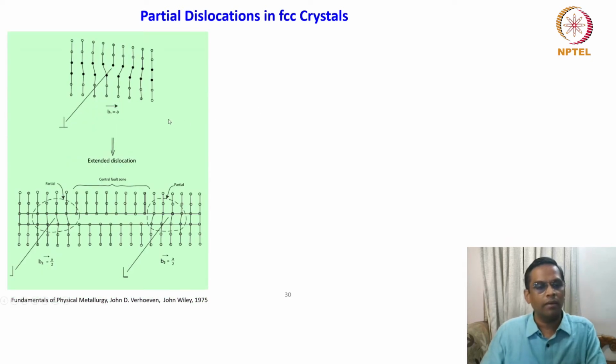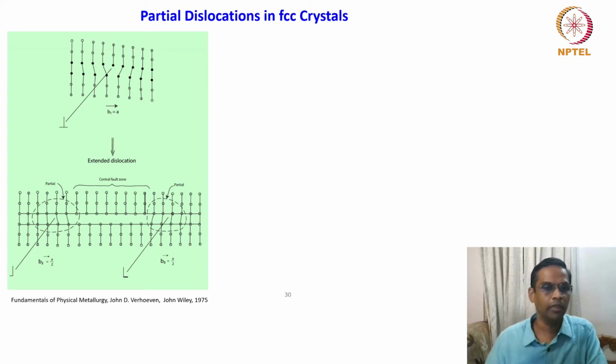So this is another nice schematic which shows how the unit dislocation dissociates into partial dislocations. The purpose of bringing this schematic to you is that it gives a very good visual appeal of how the partial dislocations are kept in the lattice, in the dislocated lattice.